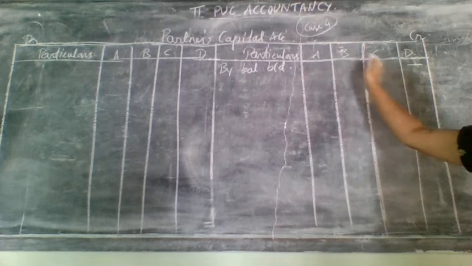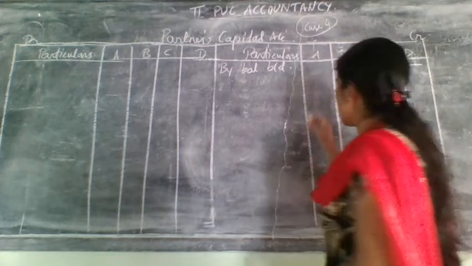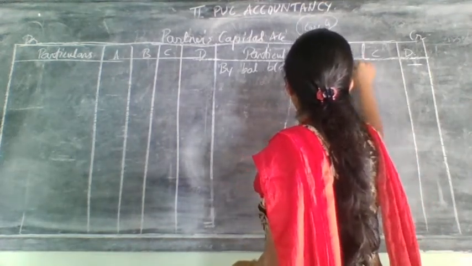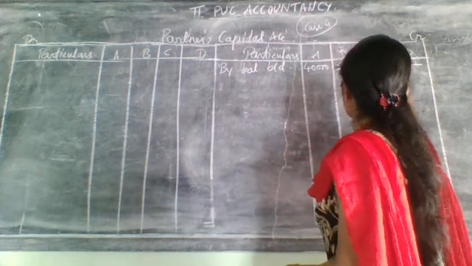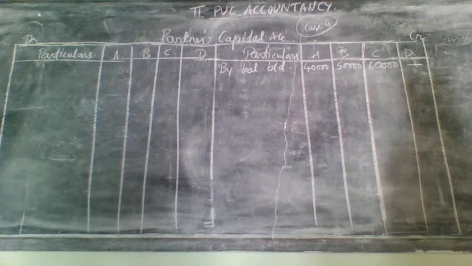From where will we get the amount to write here? We will get this amount from the old balance sheet liability side. Under the head capital they have given 40,000, 50,000 and 60,000. So you need to write by balance brought down, that is 40,000, 50,000 and 60,000.